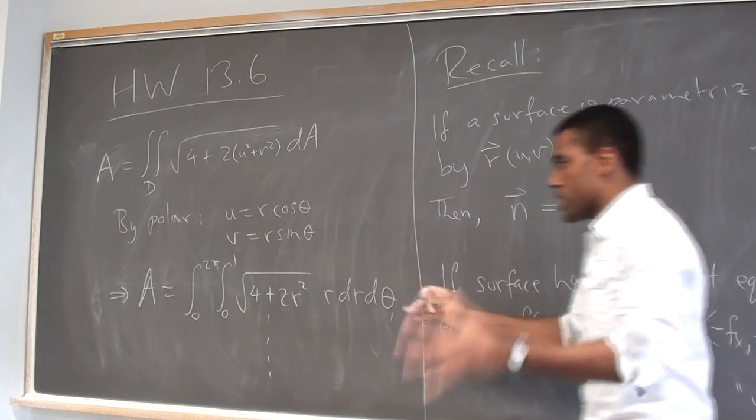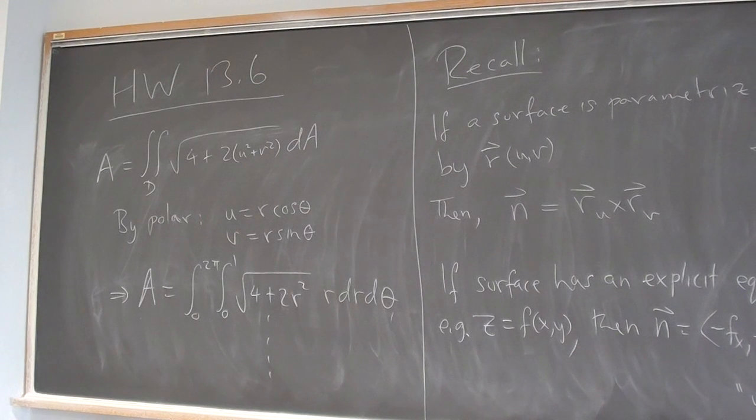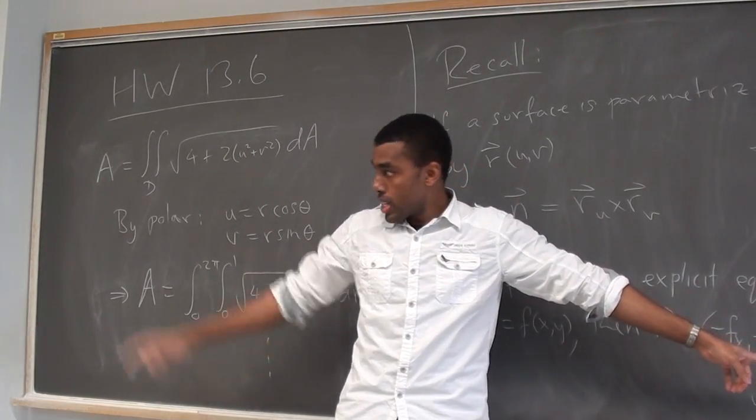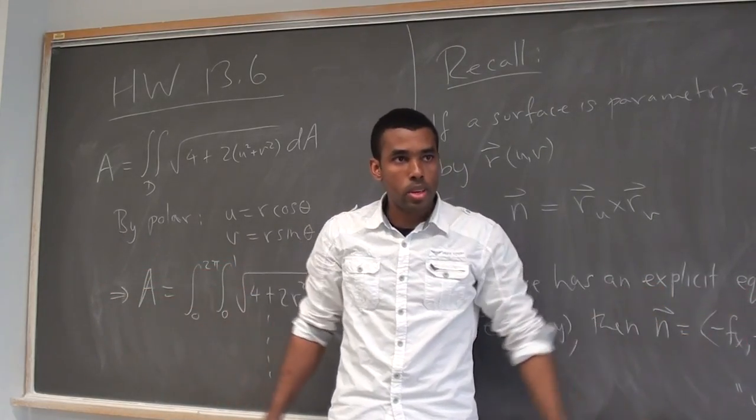And I mentioned some situations where it might be to your benefit to parameterize. For example, one of my examples was a cylinder running along here, right? Where the normal vector would be pointing straight out to the side. It's not up or down. The z-coordinate is 0, and so a formula like this would not work because the z-coordinate is 1, right? So in a case like that, you couldn't do it, right?